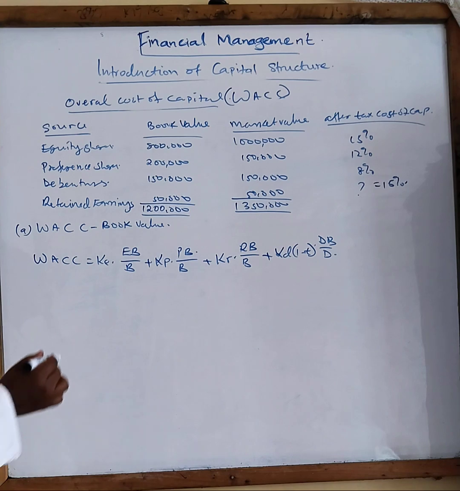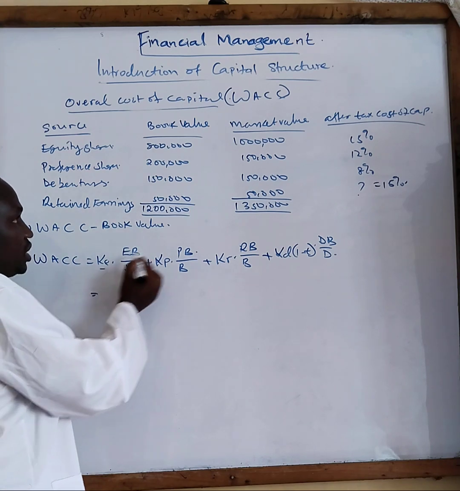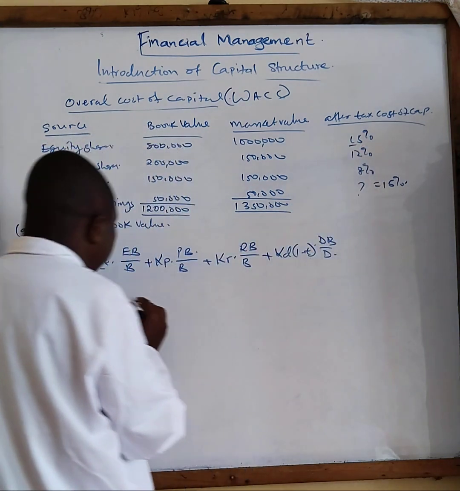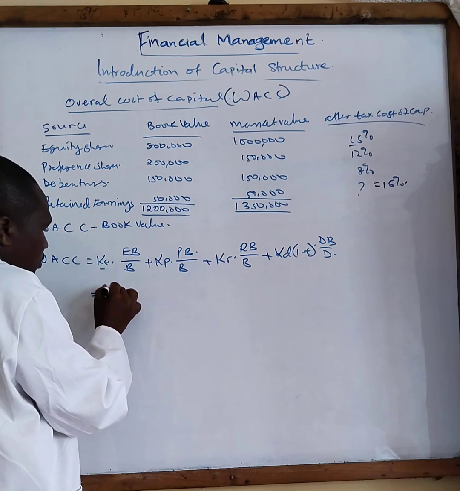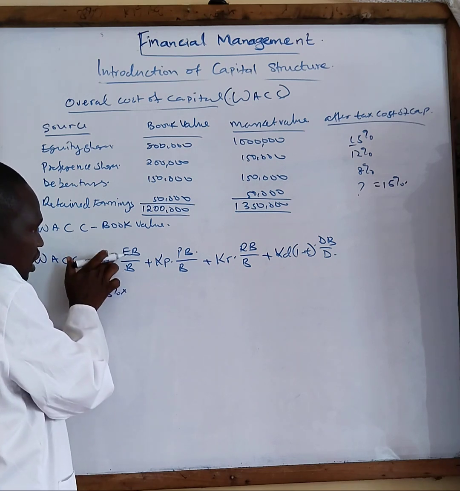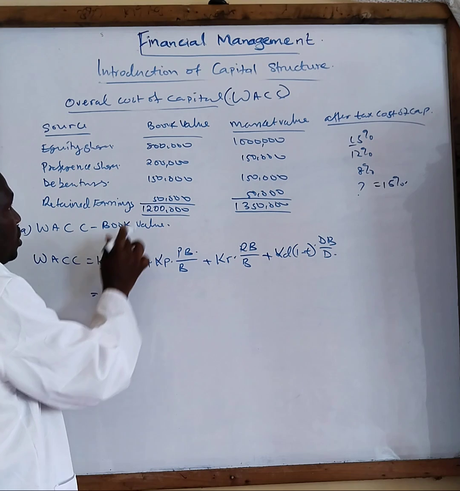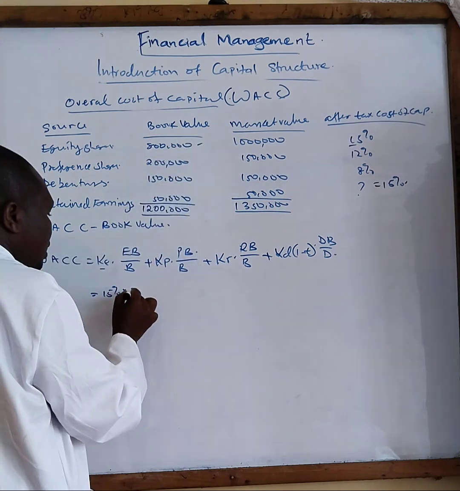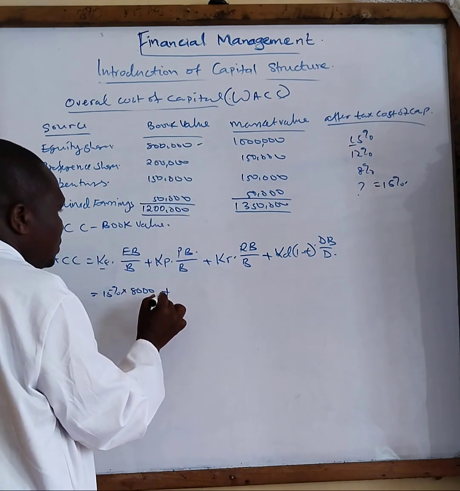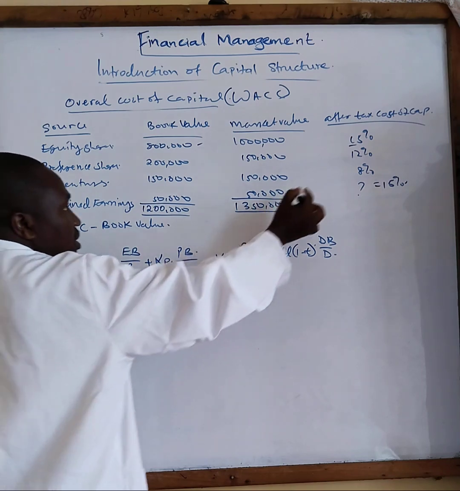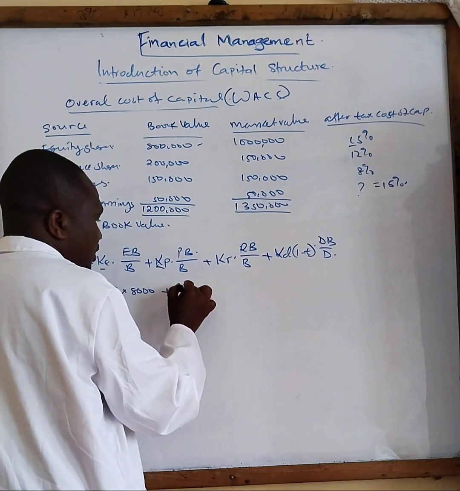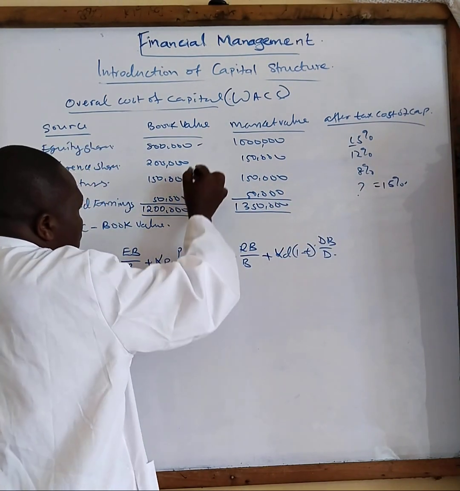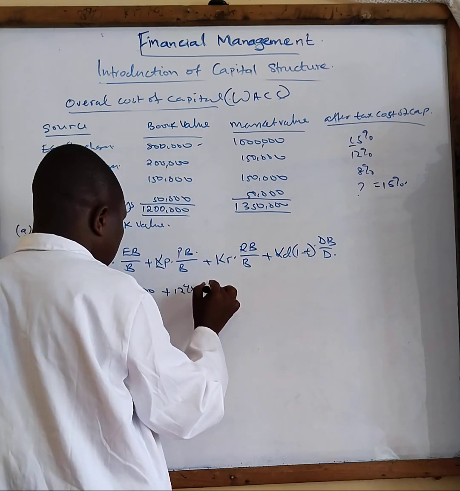Very simple work. Then you substitute: cost of equity 15% times equity book value 800, plus cost of preference 12% times the preference value 200,000.